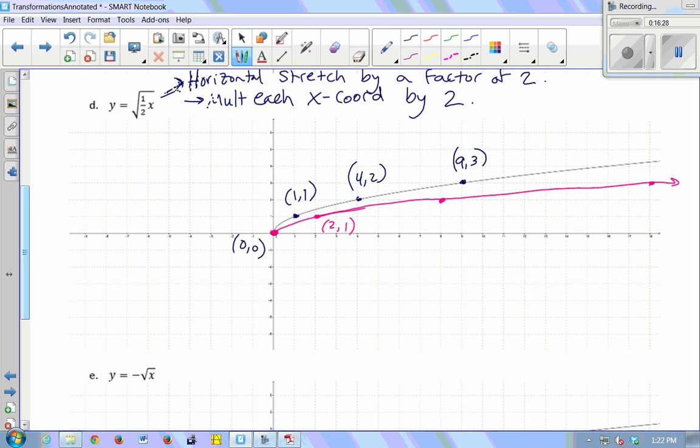You multiply by a big number, right? If that was a 2, things would actually get smaller. So they get smaller or bigger by a factor of the reciprocal of that number. So I just flipped it over, and that's how I got the factor of 2. So this is 8, 2, and 18, 3. So we doubled all the x coordinates.